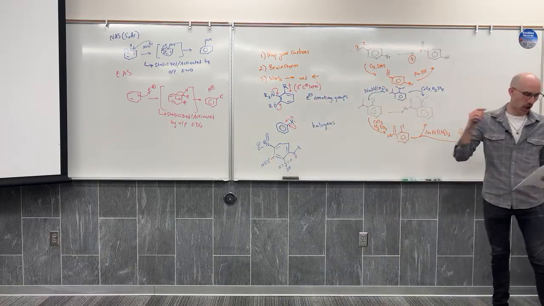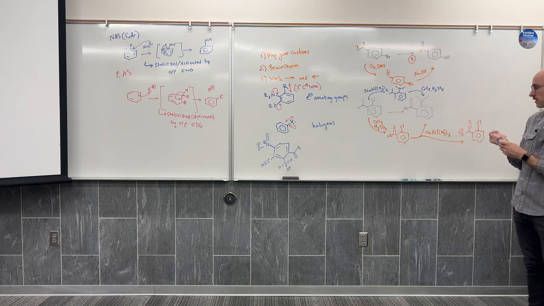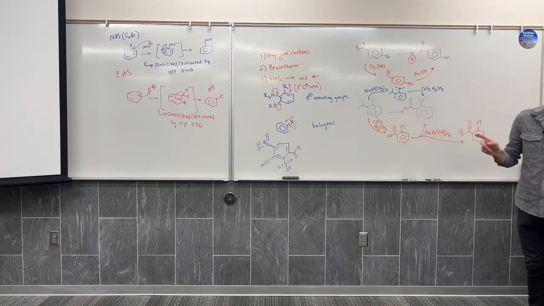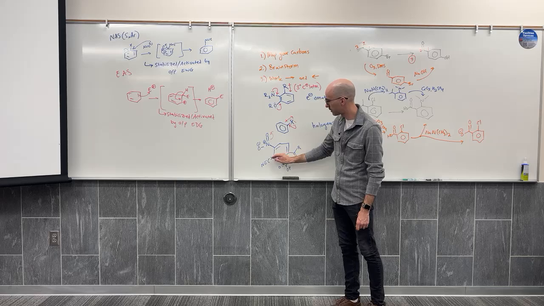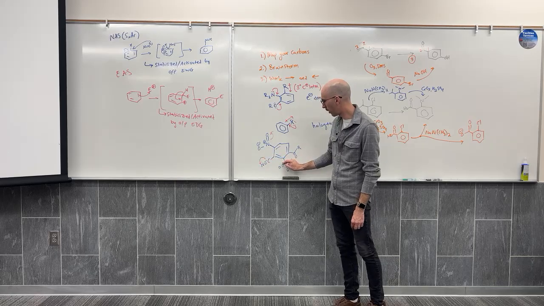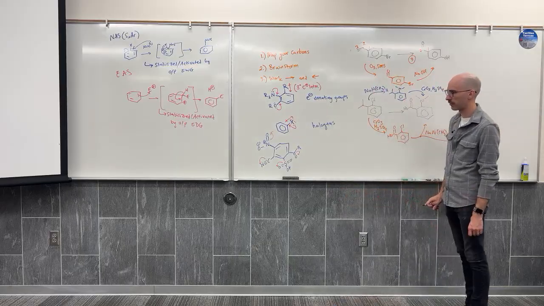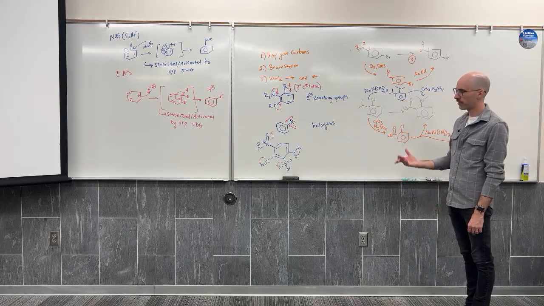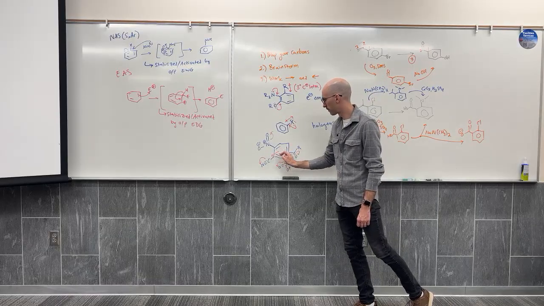And then I'm putting a carbonyl, and I'm not saying whether that carbonyl is a carboxylic acid, an aldehyde, a ketone, an ester, an amide, just the fact that it has a CO double bond. What each of these groups has in common is the ability to pull electrons in from the ring towards their more electronegative atoms. They're each pulling electron density out of the ring.